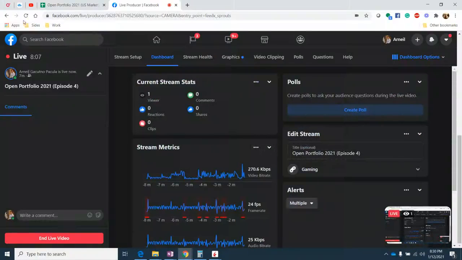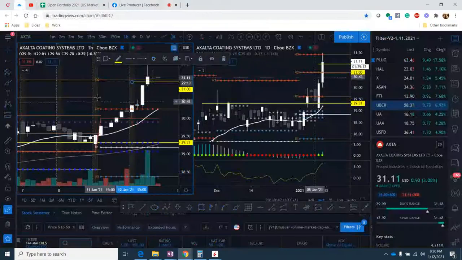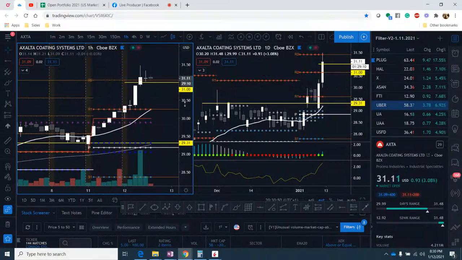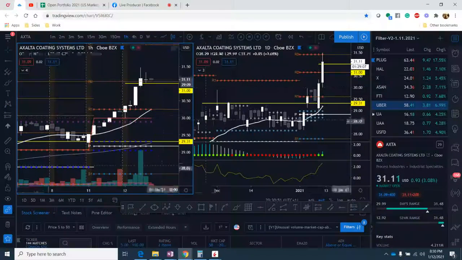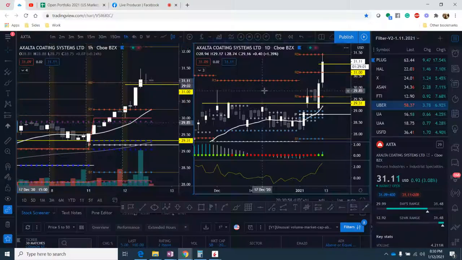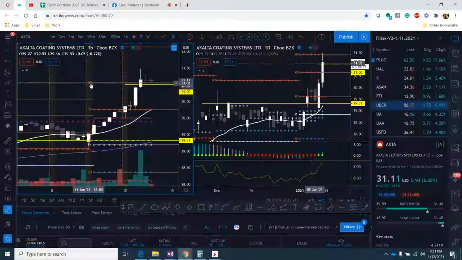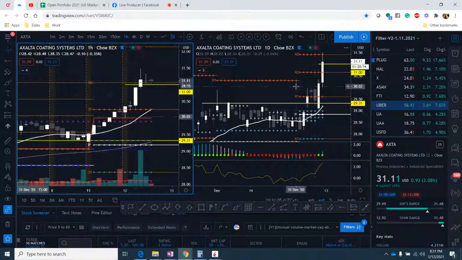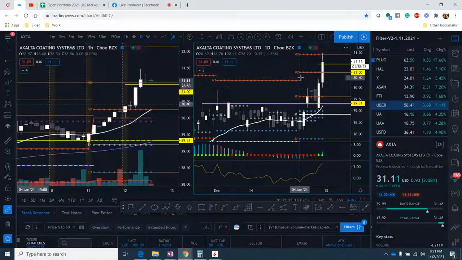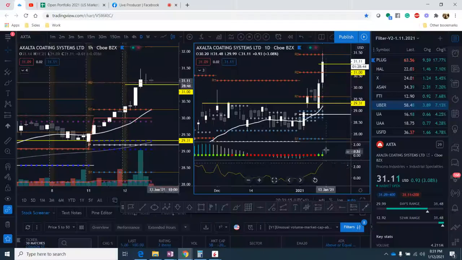Today you will also see how I check for other opportunities, so stay tuned. I have a daily chart at the right side and a 1 hour chart at the left side. The daily chart is my anchor chart, wherein I check the trend and whether there is a squeeze.